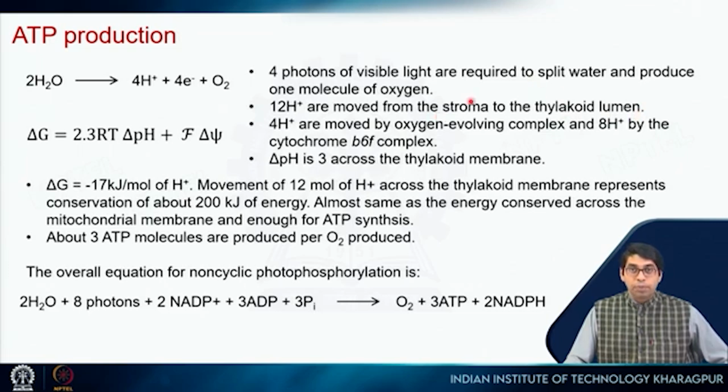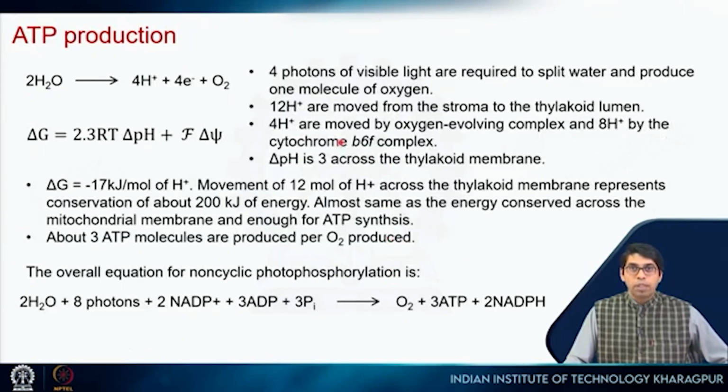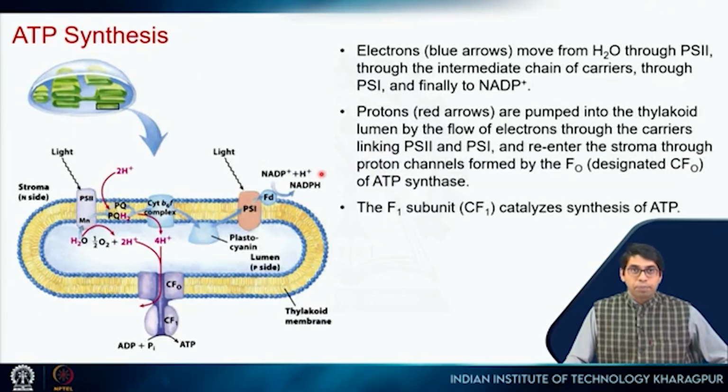When this happens, 4 protons are moved by the oxygen evolving complex. So we just saw that these are the 4 protons, right? So these are the 4 protons which are moved by the oxygen evolving complex, and 8 protons are moved by the cytochrome B6F complex.